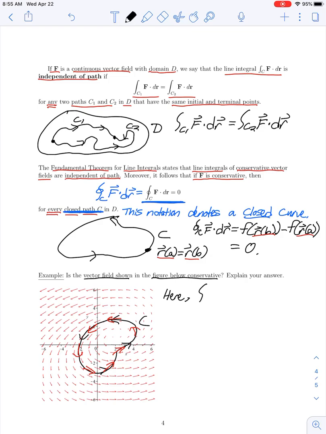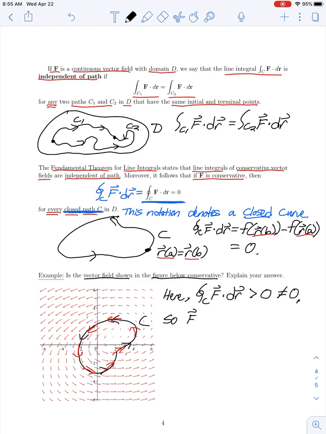So here, if we were to consider the line integral over this closed curve, so we would use a little circle notation over our integral of this vector field, F dot dr, it would be positive. So that is, we have some value other than 0, but we know for conservative vector fields, the integral of that field over any closed path would have to be 0.